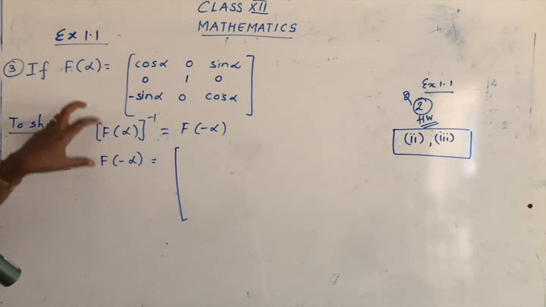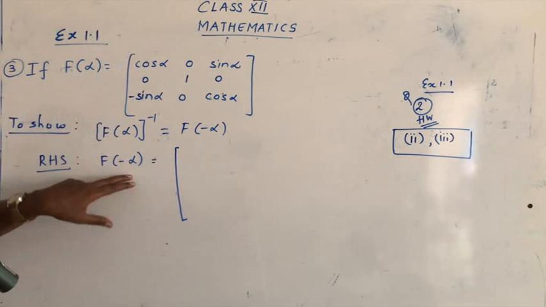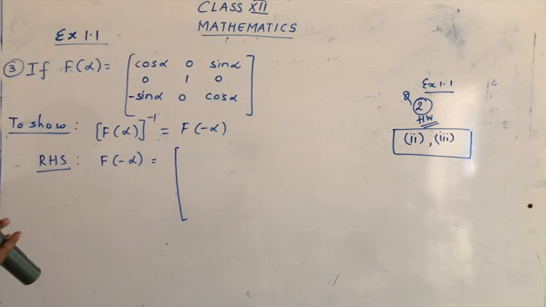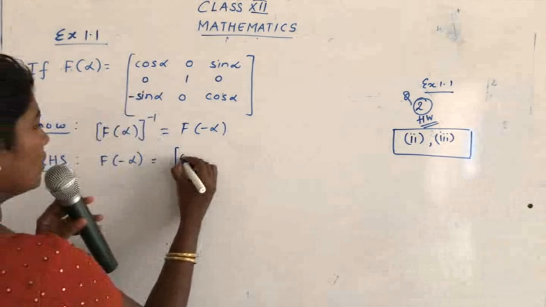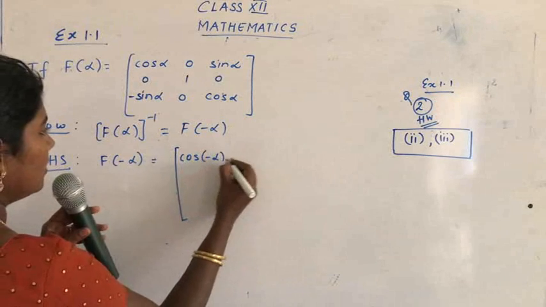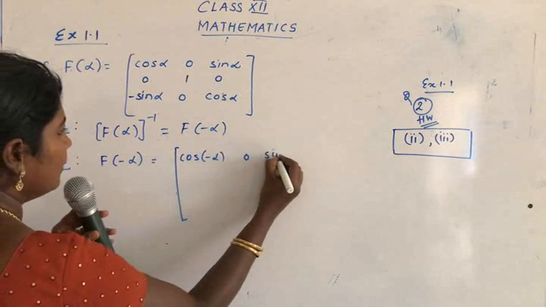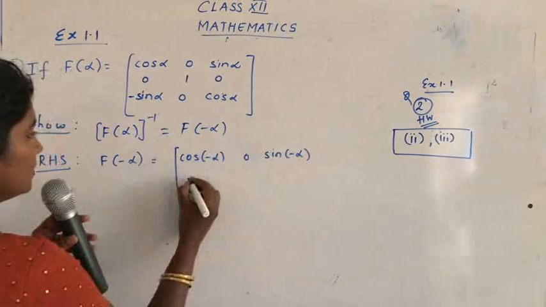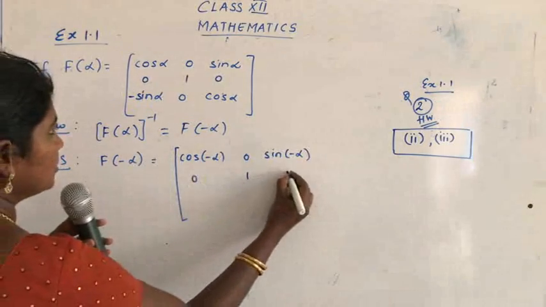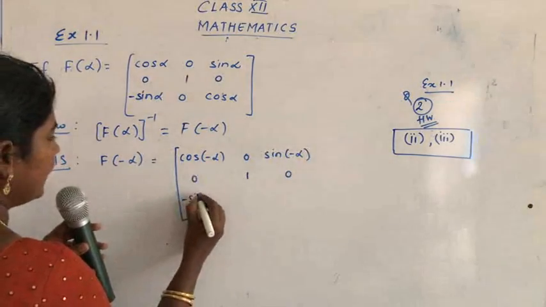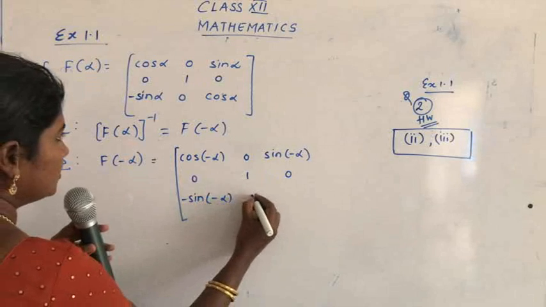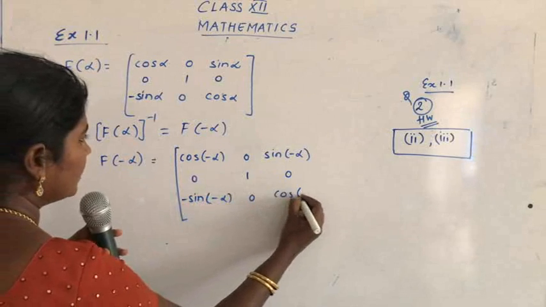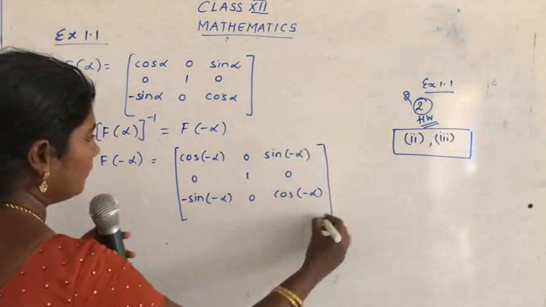So wherever you have alpha, you change it to minus alpha. So what you get over here is cos of minus alpha, 0, sine of minus alpha; 0, 1, 0; minus sine of minus alpha, 0, cos of minus alpha. Okay, so what have we done?